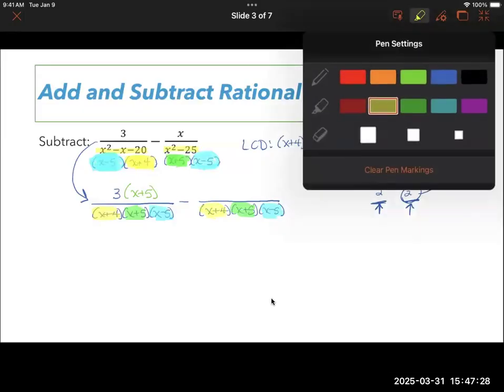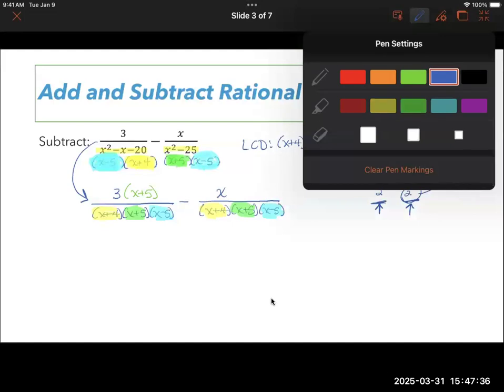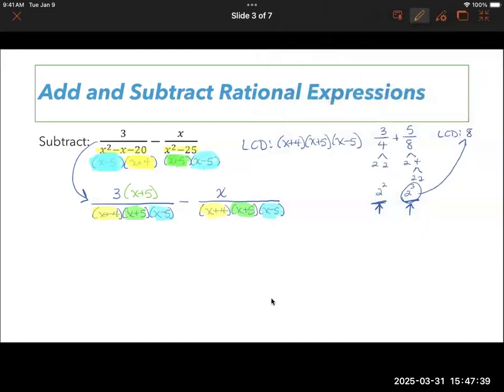So we must have had to multiply both the numerator, which was originally x, by that x plus 4, as well as the denominator by that x plus 4 in order to keep it equivalent. Okay, now we can go ahead and simplify our numerators and combine them together all over this LCD of x plus 4, x plus 5, and x minus 5.